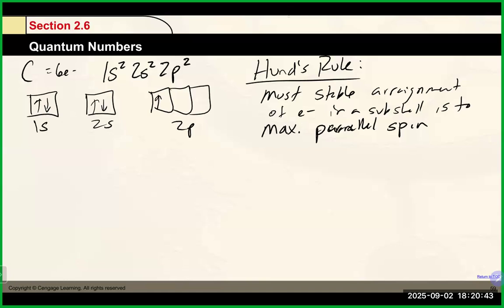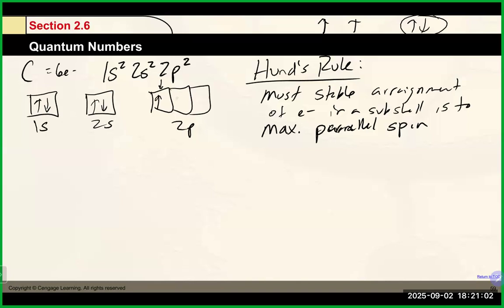Now, parallel spin is everybody heading in the same direction. We saw earlier paired spin is like that. So what that tells us is we would not want to pair off there in the first one, because that obviously does not maximize parallel spin.